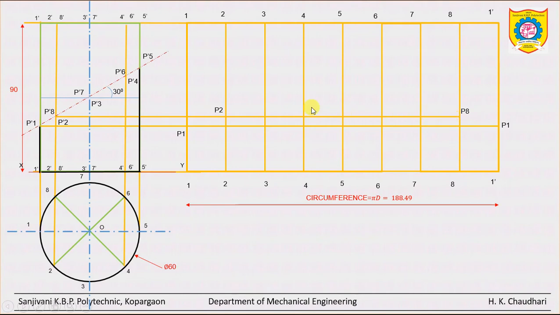Similarly, we will get all the points on the respective generators by drawing the respective projections. P3 and here P7.